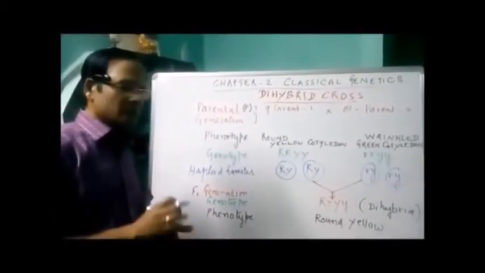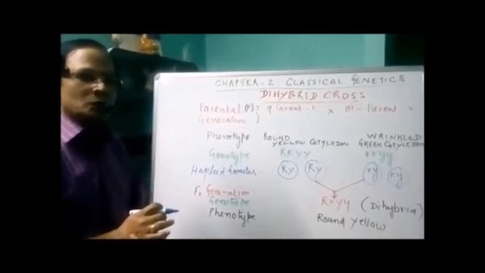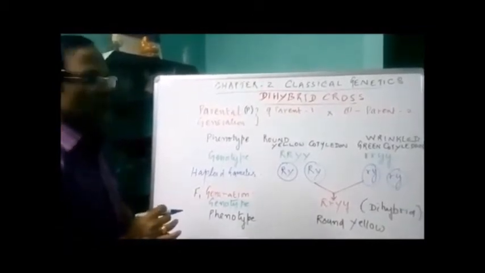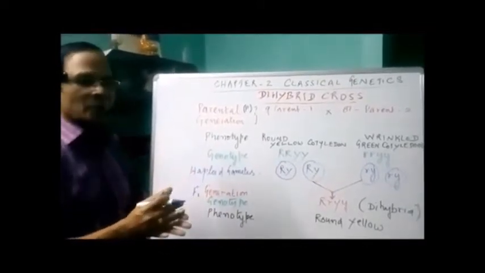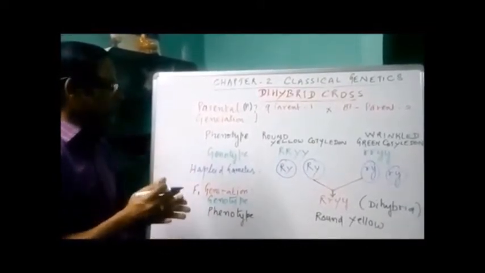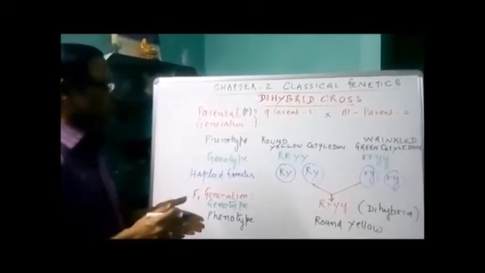So it is nothing but a combination of two single monohybrid processes. Two monohybrid processes are combined together, and that results in a dihybrid cross.